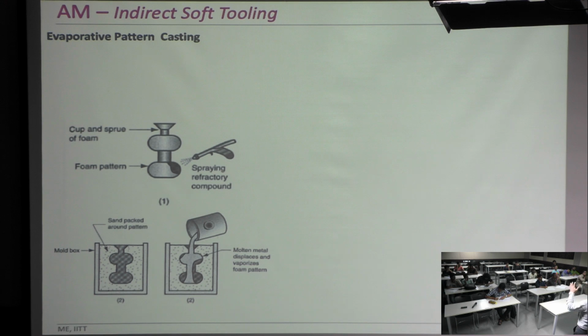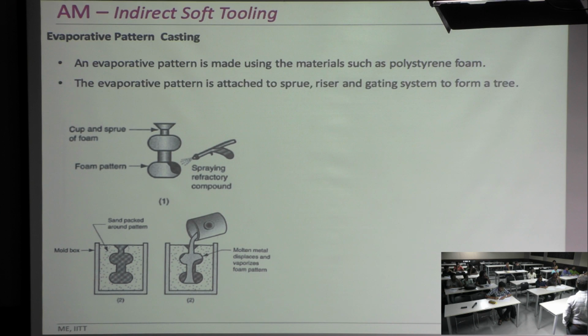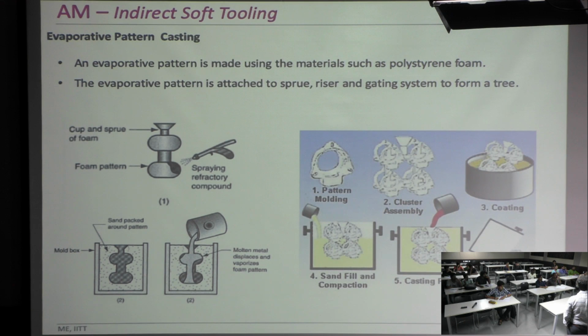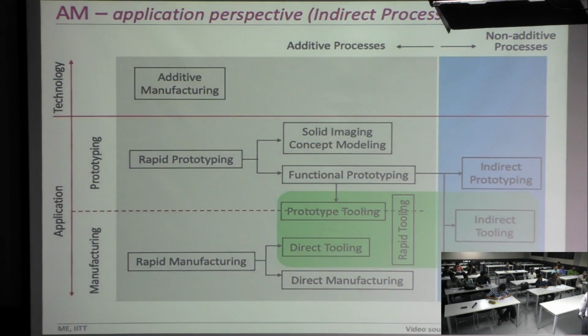It continues till the complete foam has evaporated and the complete cavity is filled by the molten material to make the final component. Here again the pattern is made by using an AM process.